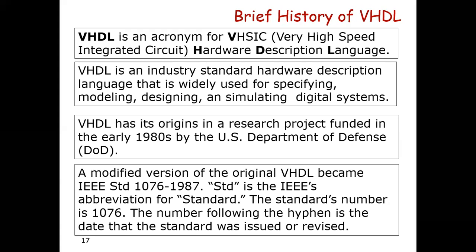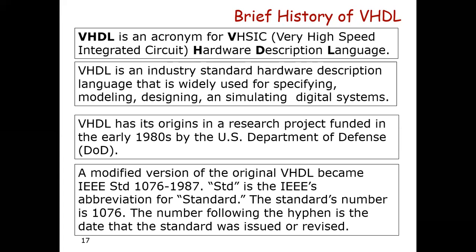VHDL has its origins in a research project funded in the early 1980s by the US Department of Defense, that is DOD. A modified version of the original VHDL became IEEE standard 1076 in 1987.